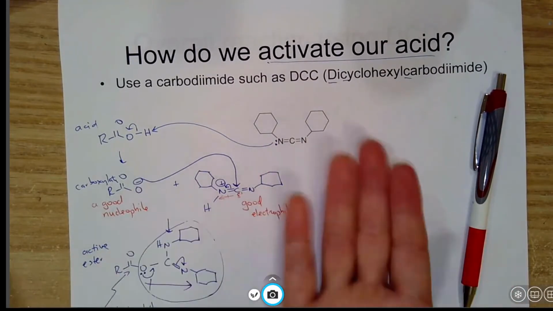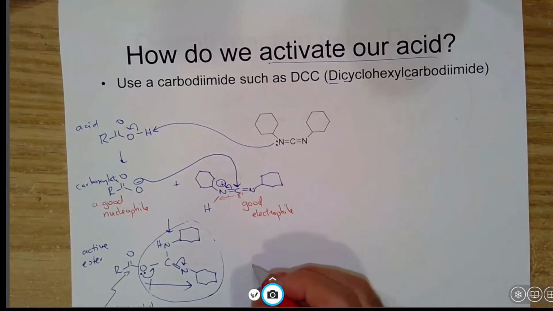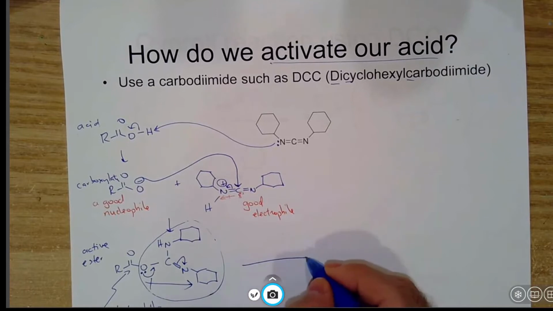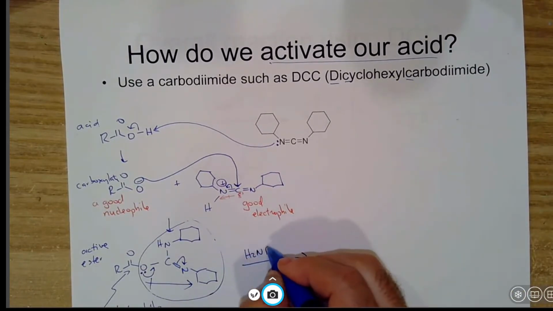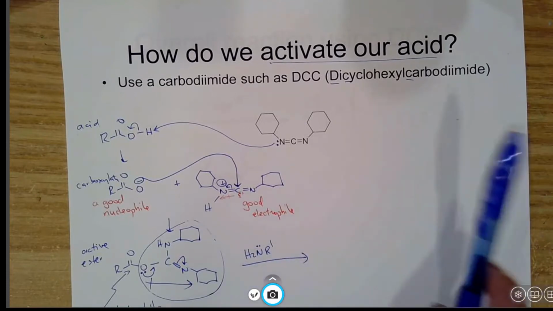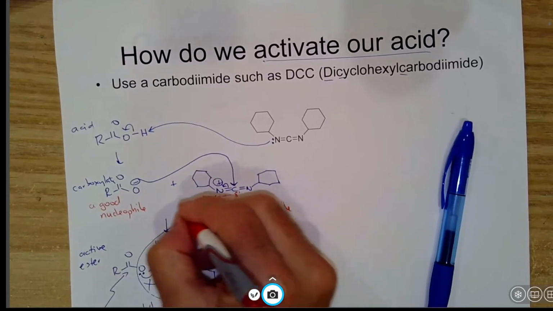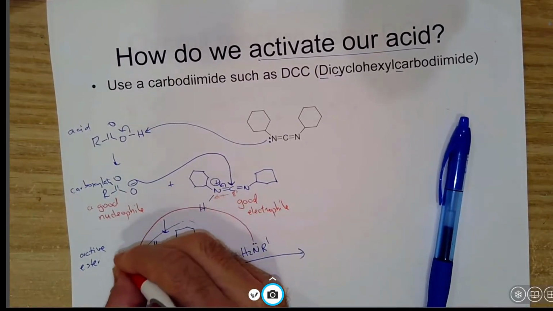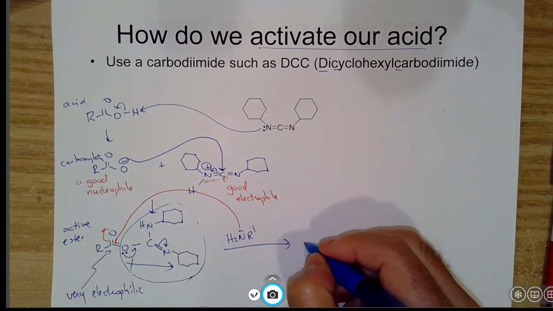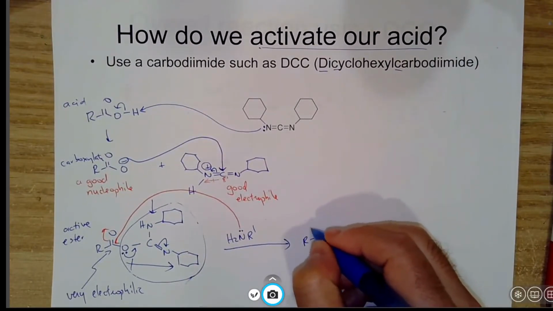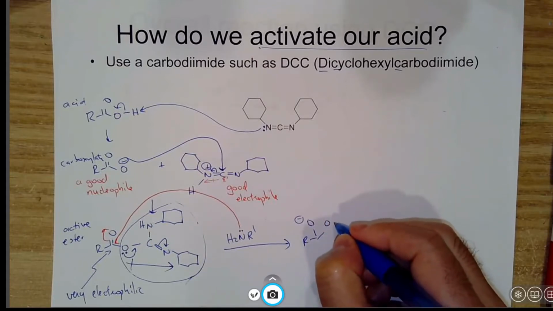So once we incubate the DCC with the carboxylic acid, we wait about 30 minutes or so until that active ester is formed. Then we add the primary amine, which will react at the electrophilic center, right at that central carbon. What this looks like now is you just draw in your connectivity.